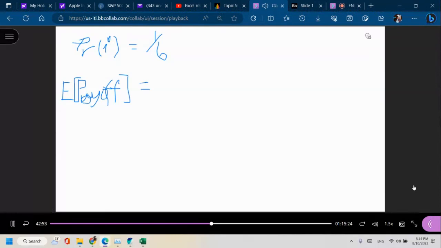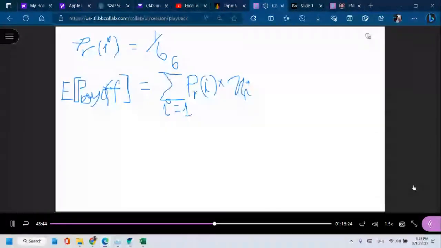So that means it's going to be the sum of every number, of course, the number runs from 1 to 6, and you will weight every number by the probability.